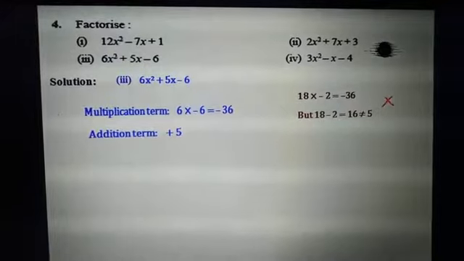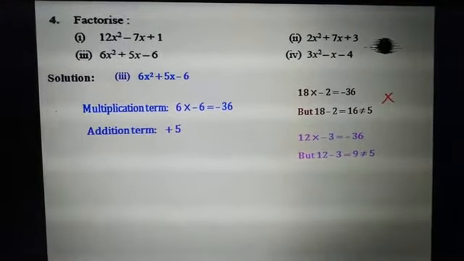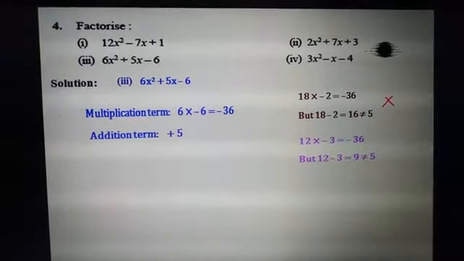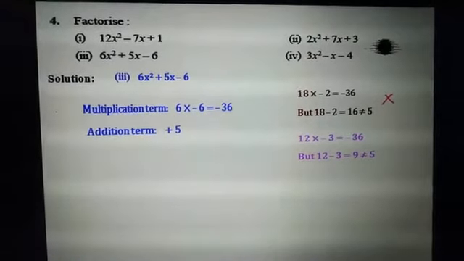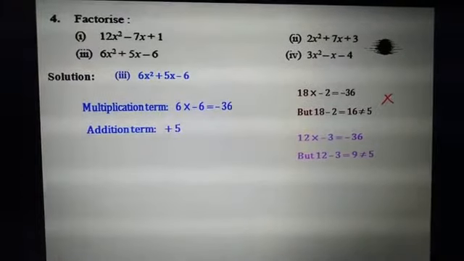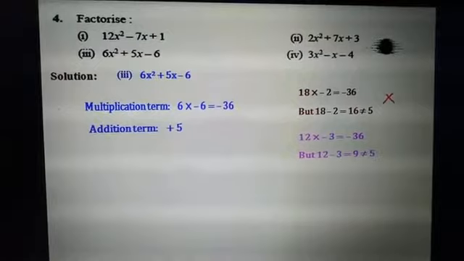So this is wrong. Next, I have another set of numbers, that is 12 and minus 3. So 12 into minus 3 is equal to minus 36. So it satisfied the multiplication term. But 12 minus 3 is equal to 9, which is not equal to 5. So it did not satisfy the addition term.